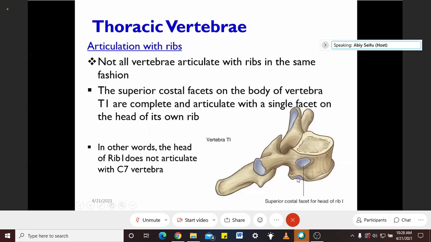You see, this one is a demifacet, whereas this one is a complete one that articulates with the heads of the ribs. Whereas the tubercles of the ribs are articulated with the corresponding transverse process. For instance, the T1 transverse process is articulated with rib 1.